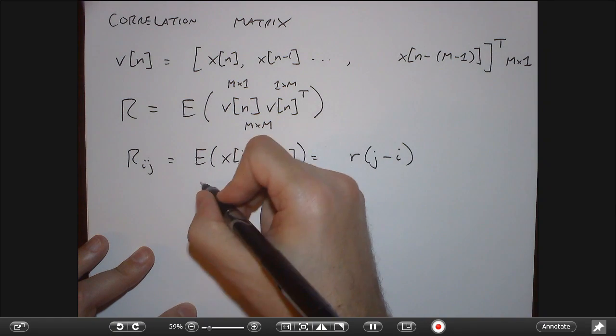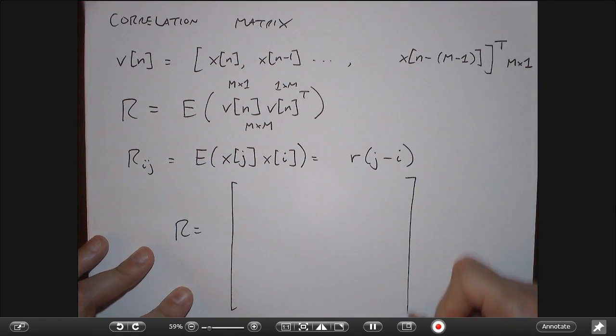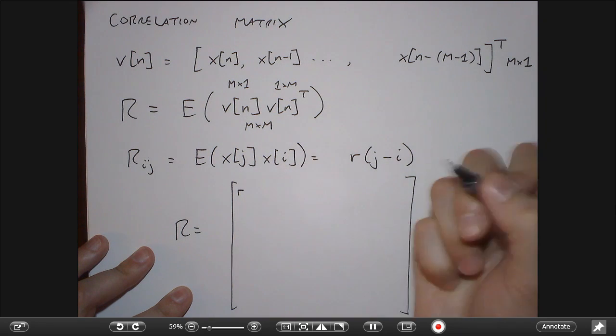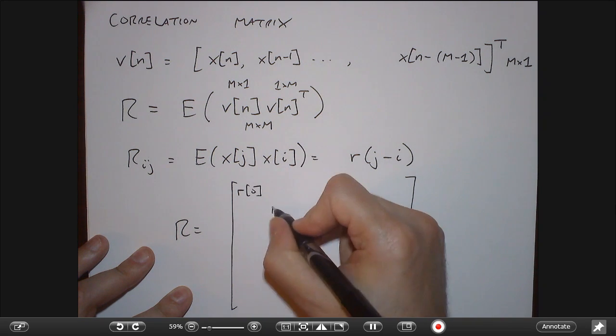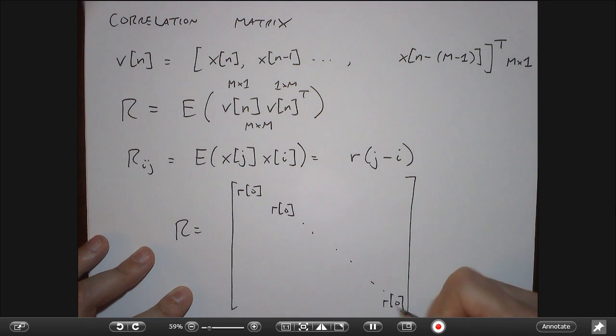And so that means that this R matrix has a special structure: when the entries are the same, I have basically 0 lag. And these are just basically the variances at each point in time.